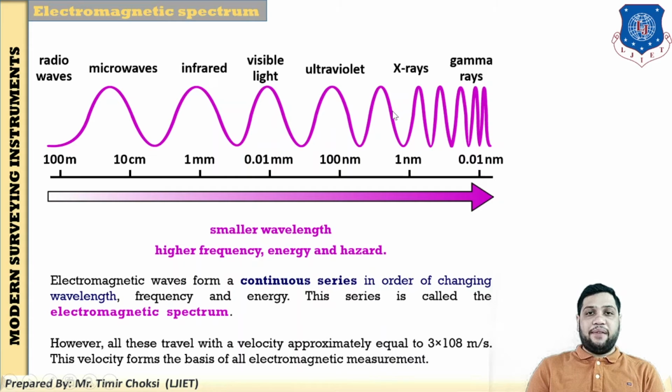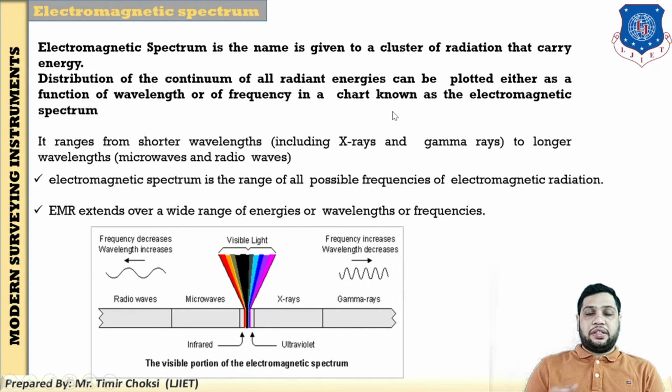These are different types of electromagnetic waves. All of these waves together form one cluster, and the name given to this cluster of radiation that carries energy is the electromagnetic spectrum.